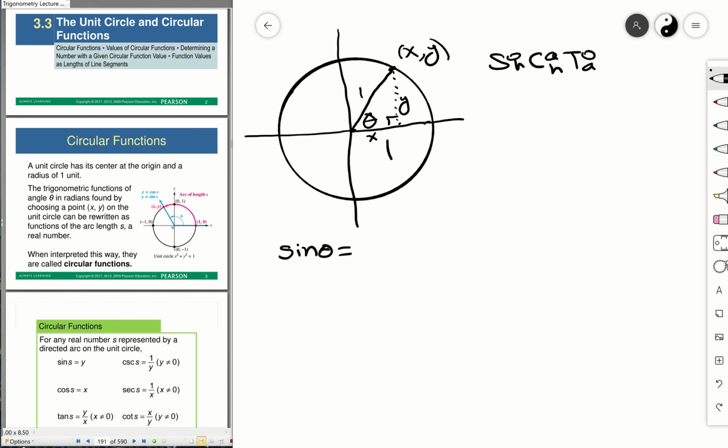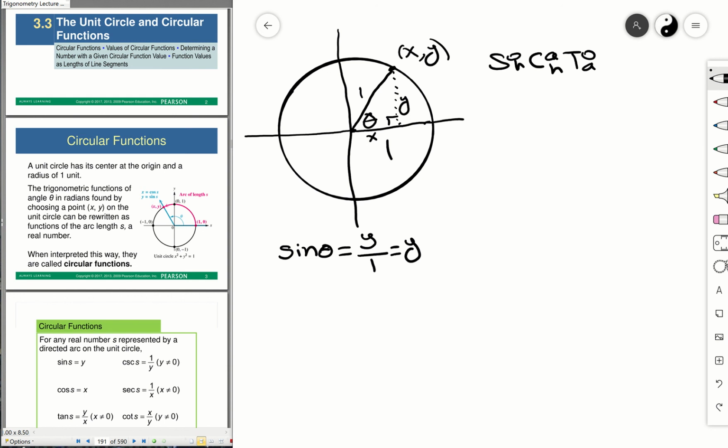So using that, we realize that the sine of theta is going to be opposite, which is y, over hypotenuse, which is 1. In other words, the y value of that point is the sine of the angle itself. So we just get y.